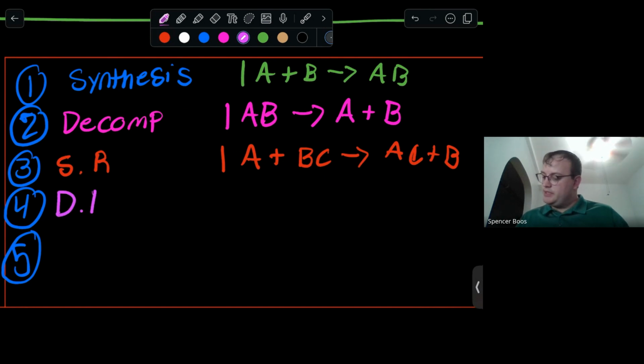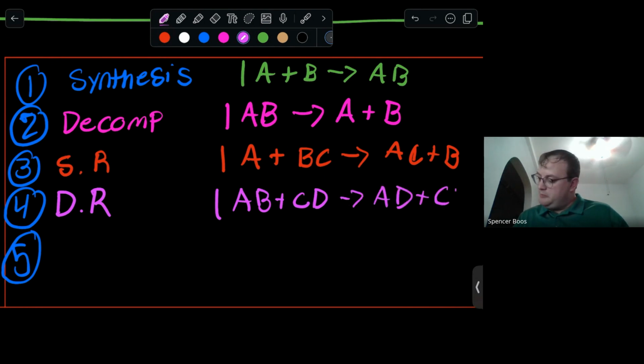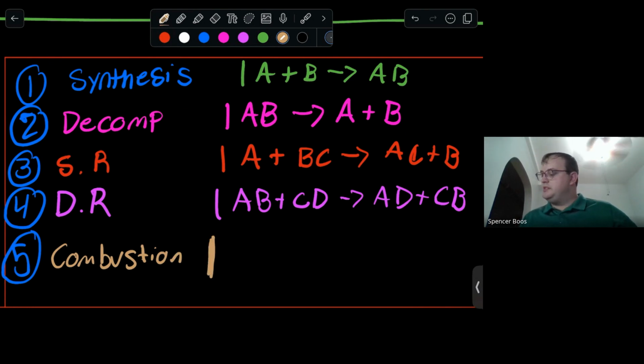Double replacement, which is your AB plus CD yields AD plus CB. And of course, your last one, which is your combustion. And combustion is always something, usually a hydrocarbon.